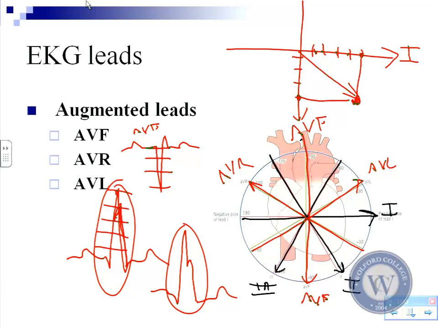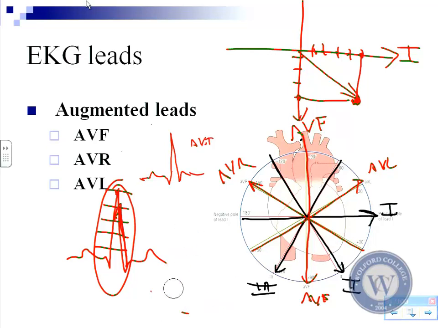What did I do? I flipped it on me. It should be negative. This initial AVF should do this, positive. That should be AVF initially. And now when you went into the bundle branch block, your axis should switch.